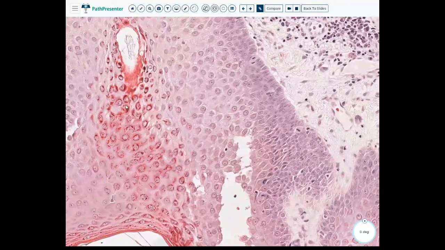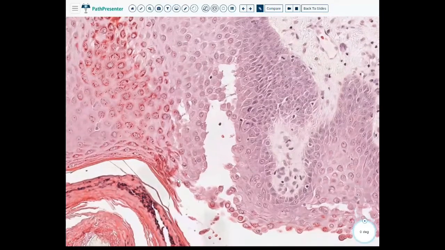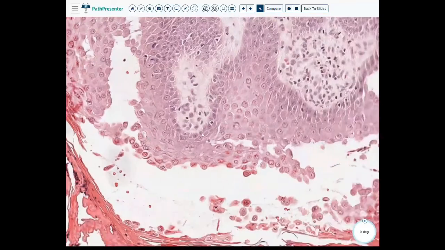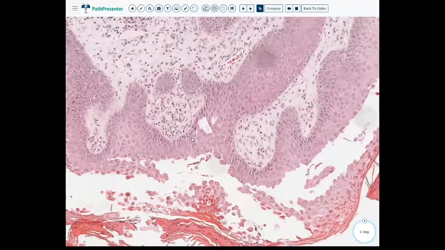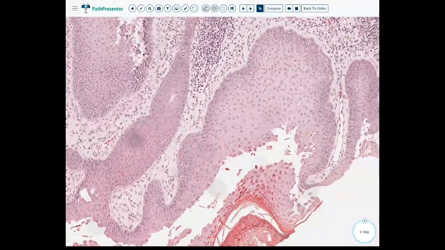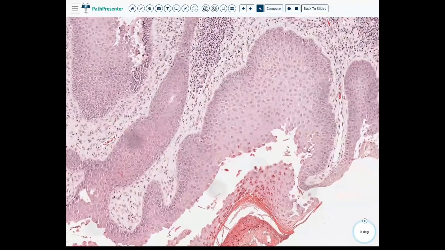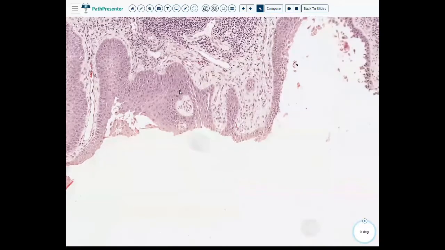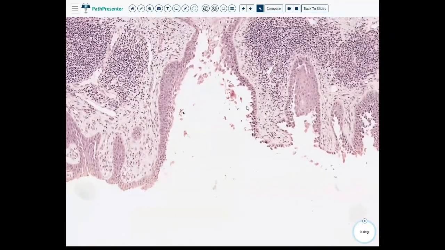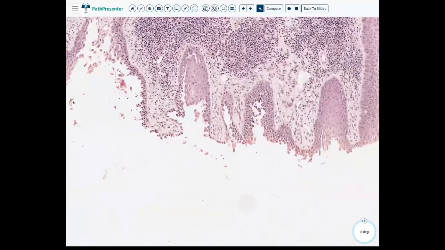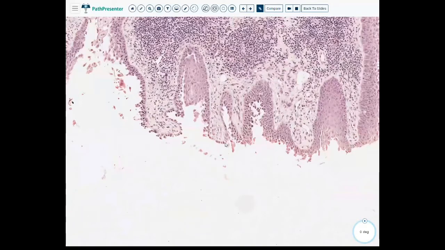Okay, so we have something going on, and it's causing some sort of blister. And there we go. This is what we're looking for here. So here is our tombstoning, where it's just our basal layer that's intact, but we don't have any overlying epidermis. Let's see if we can find better examples in the other pieces.